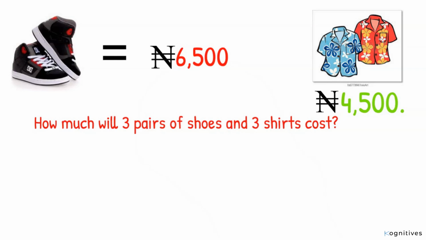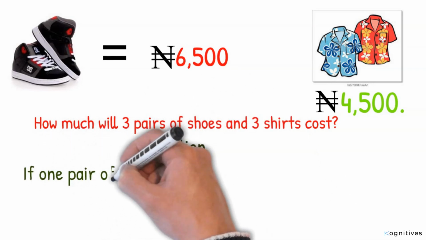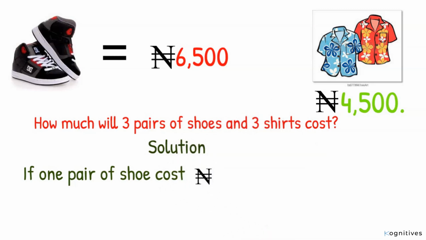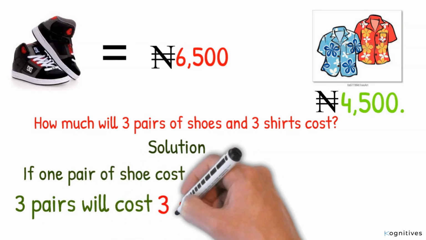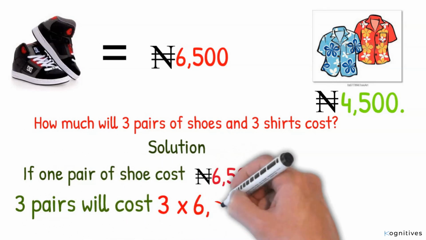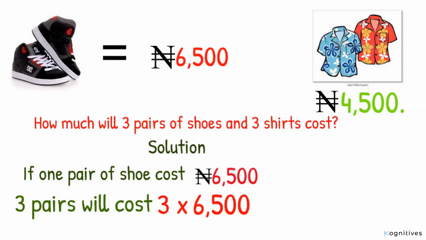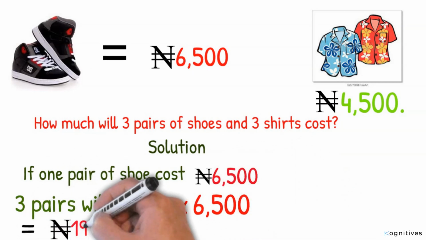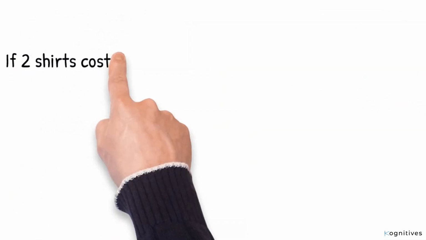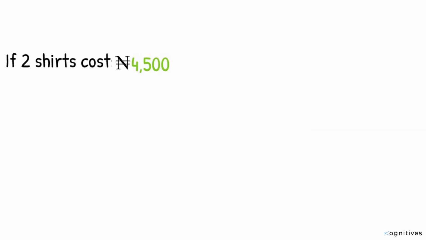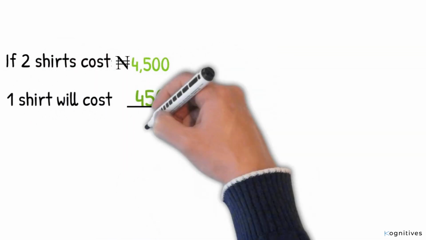Now, the solution to this question is, if one pair of shoes costs 6,500 naira, it means that three pairs will cost 3 times 6,500, which will give me 19,500 naira. Now, if two shirts cost 4,500 naira, it means that one shirt will cost 4,500 over 2.